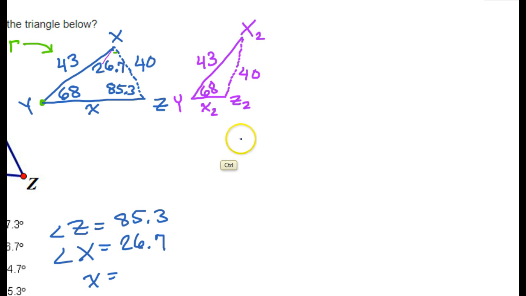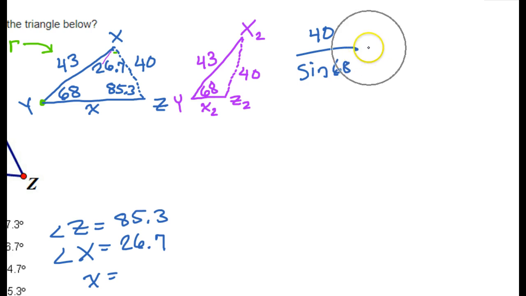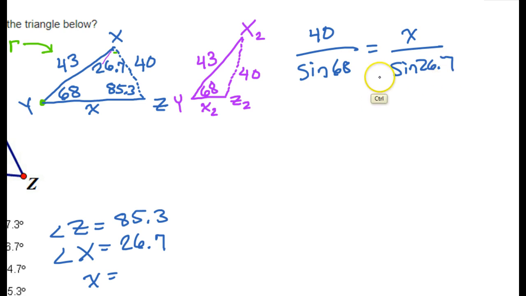So the law of sines says 40 over sine 68 will equal X over sine 26.7. The easiest way to solve for this is to multiply both sides by sine 26.7.